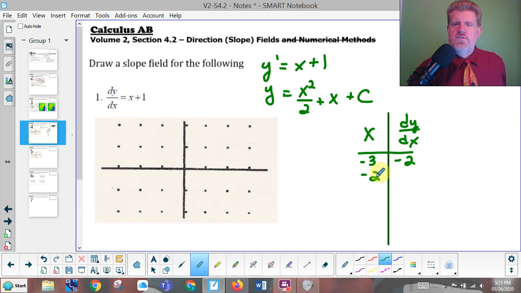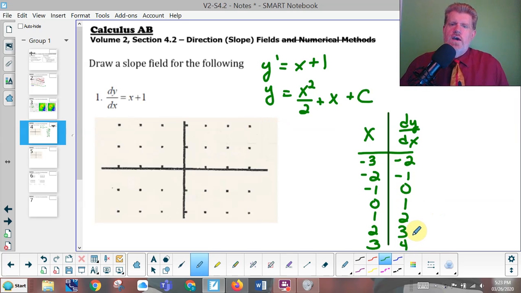Wherever x is -2, the slope is -1. Wherever x is -1, the slope is 0. Wherever x is 0, the slope is 1. Wherever x is 1, the slope is 2. We're adding 1 to it. When x is 2, the slope is 3. When x is 3, the slope is 4.